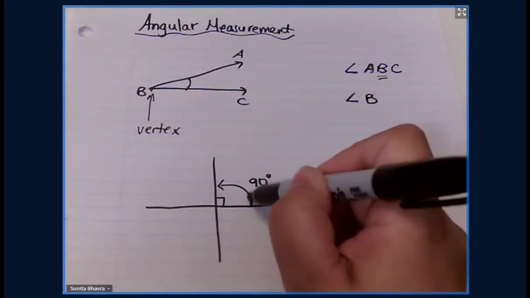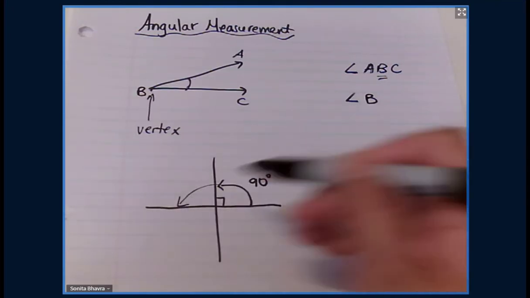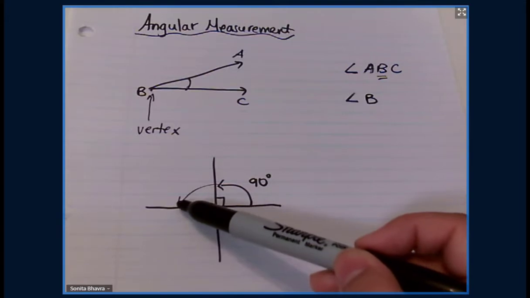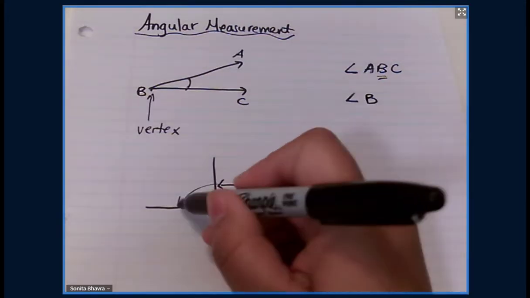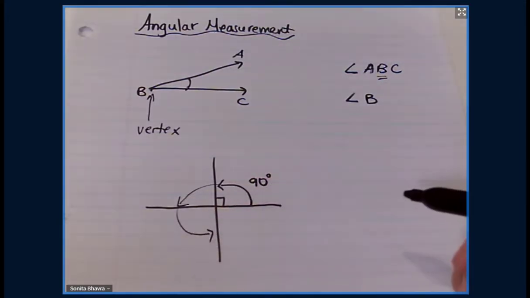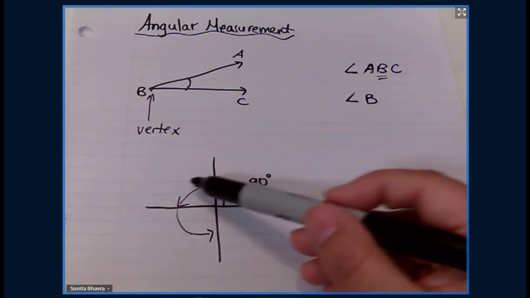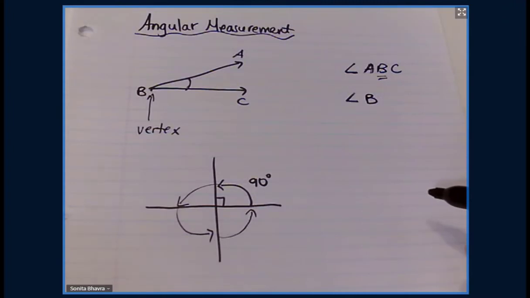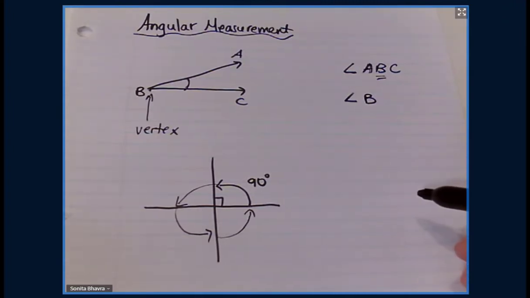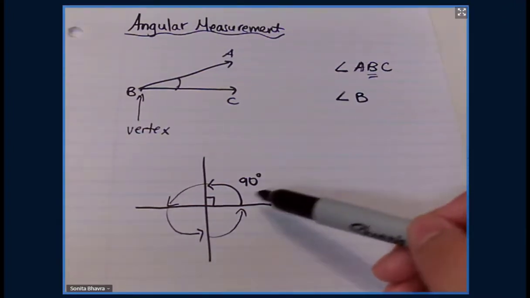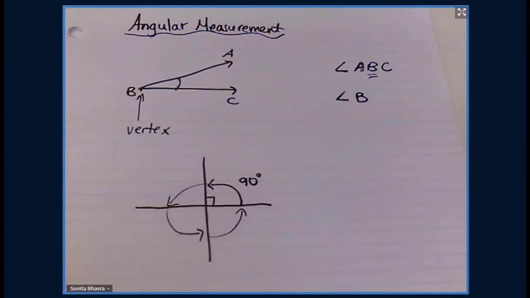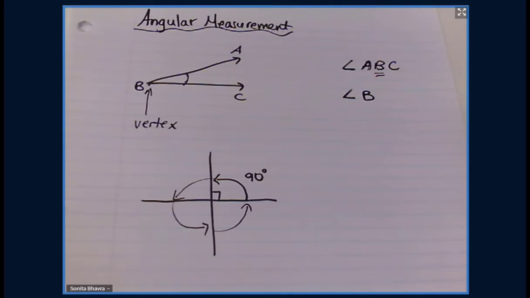If you keep going all the way to here, you would now have 90 plus 90, so a straight line would make 180 degrees. If you keep going, you would have 270 degrees, so 90 plus 90 plus 90, and then a full circle you have is 360 degrees. All right, so in one complete rotation or revolution or in the circle, we have 360 degrees.